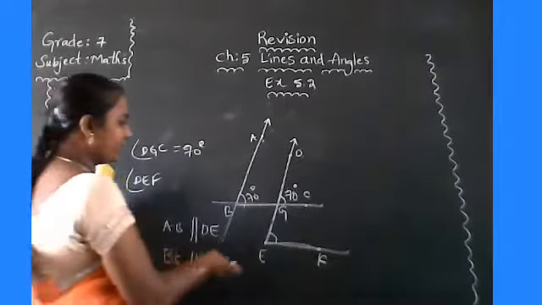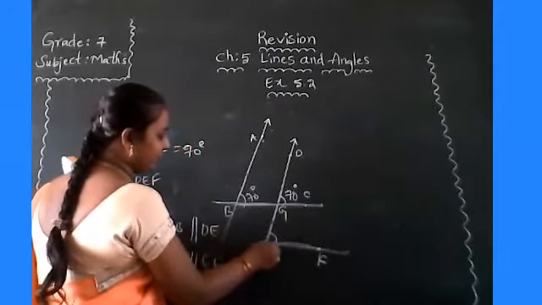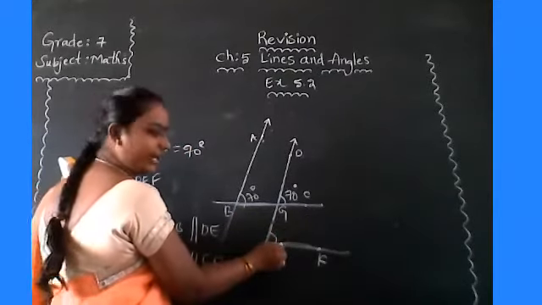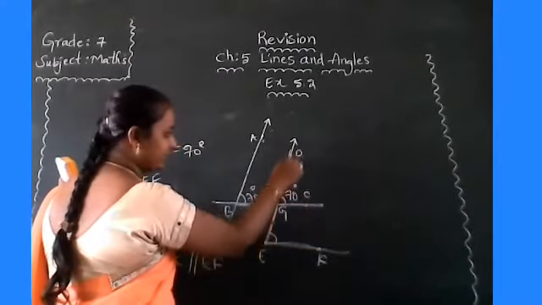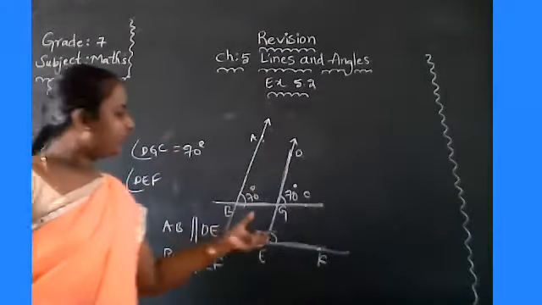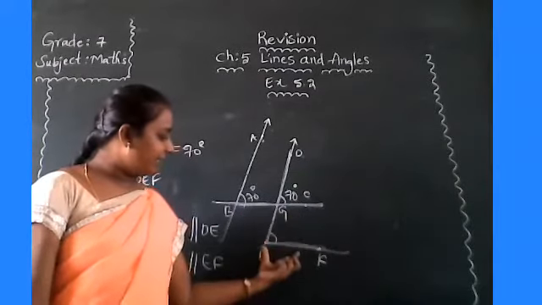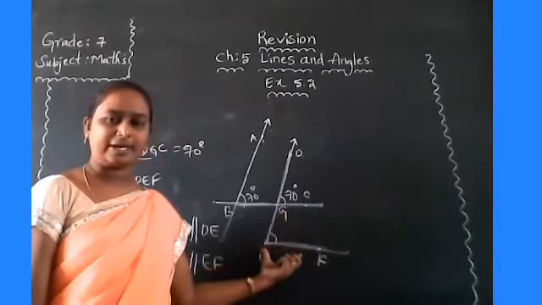Next, observe here, BC is parallel to EF. Angle DGC is equal to 70 degrees. Then angle DEF is equal to how much? Observe here, BC line is parallel to EF, so these are the two parallel lines.